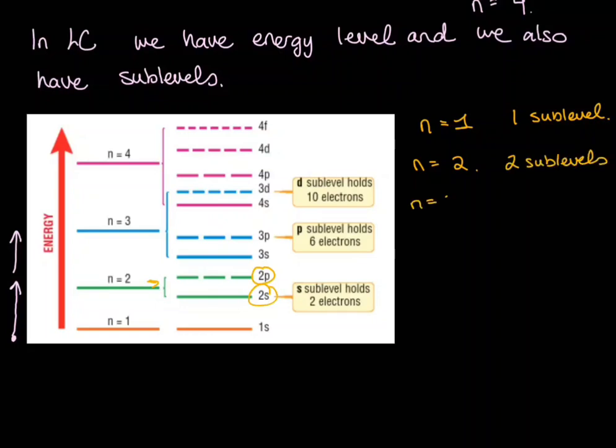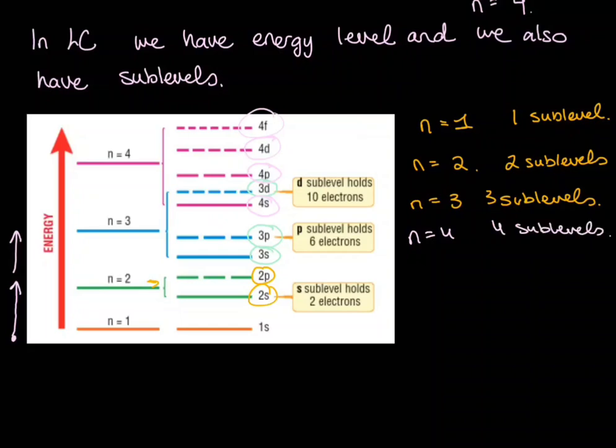N equals 3 has, we do them green, 1, 2, and you can see there's a little jump here, 3. So 3 sublevels. And then let's just point out the 4 ones. 1, 2, 3, 4. N equals 4 has 4 sublevels.